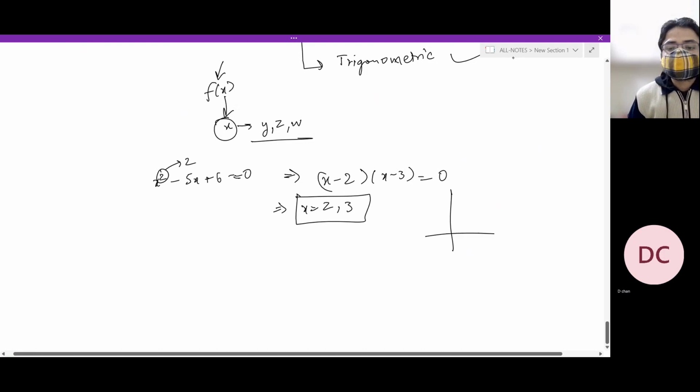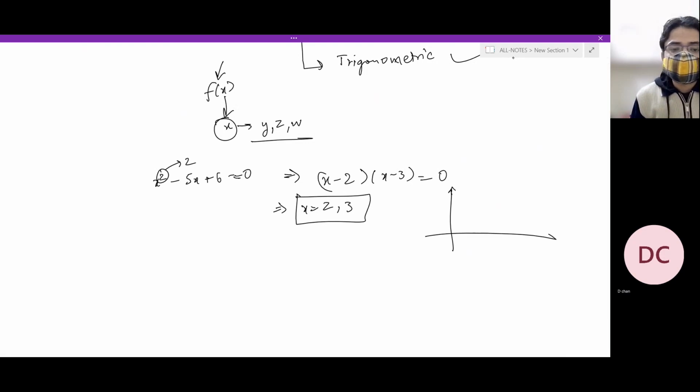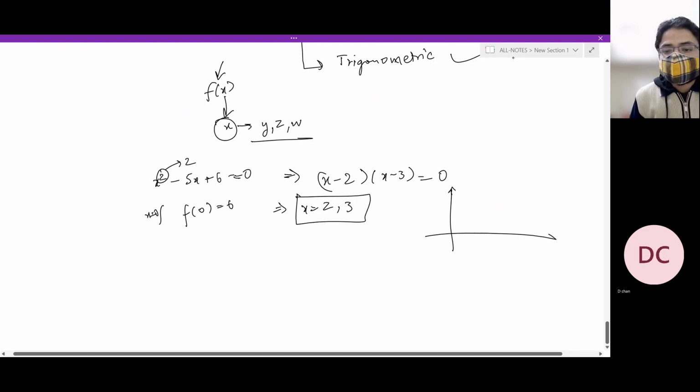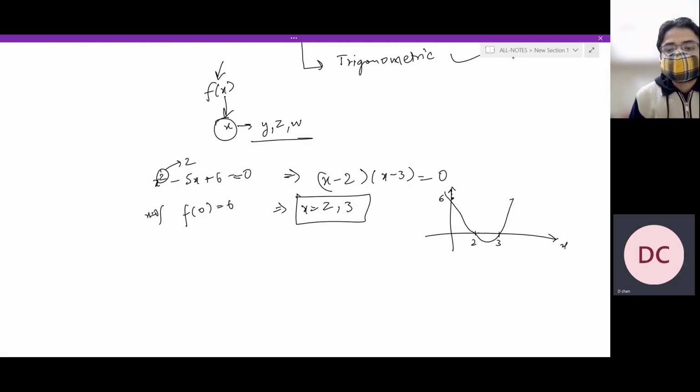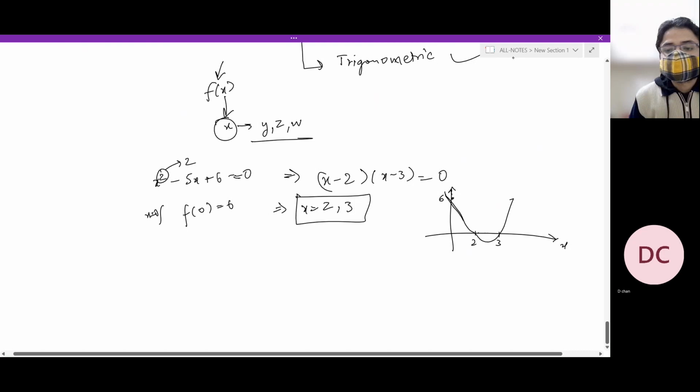Just quickly plotting the graph, put x equals 0 here, and you'll get f of 0 is equal to 6. So at 0, the value of the graph is 6 right here. And here you've got 2, here you've got 3. So the graph will look something like this. I'm sorry for the poor design, but this is really smooth right here.